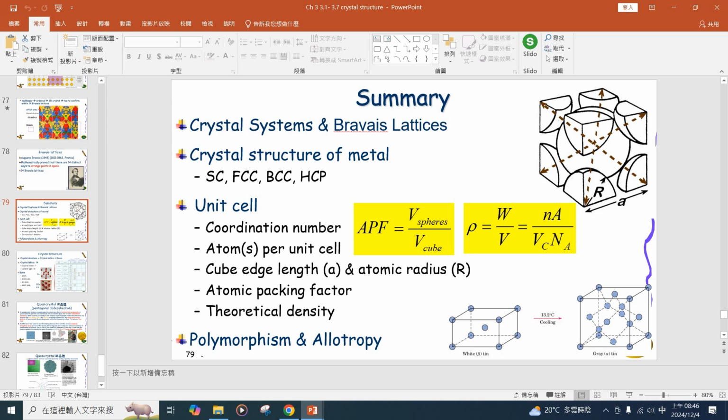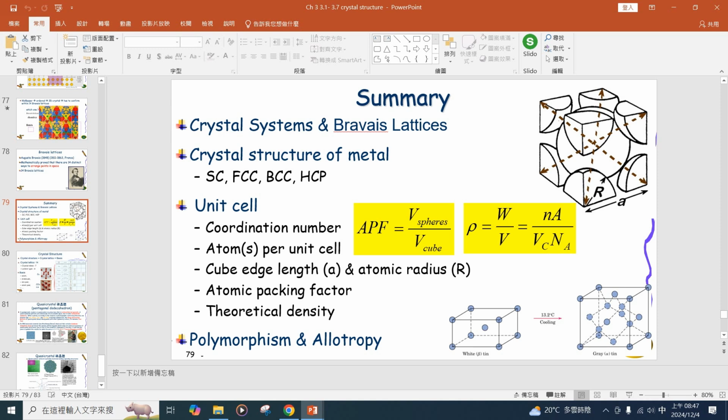And then we also learn unit cell. This is a unit cell. Unit cell is the smallest repeated unit. So you can repeat. And if you pack this together in 3 dimensions, you can make a crystal, right? So in a unit cell, we need to know coordination number.